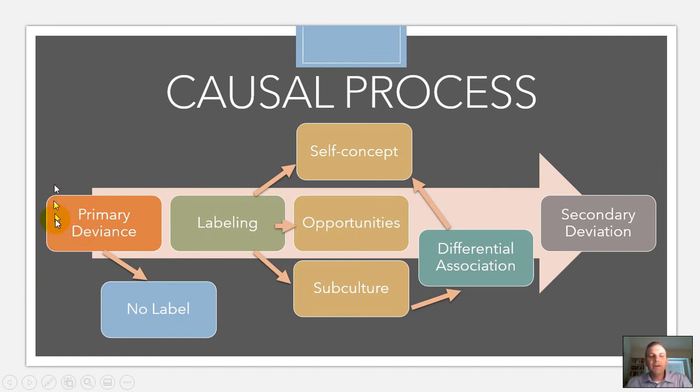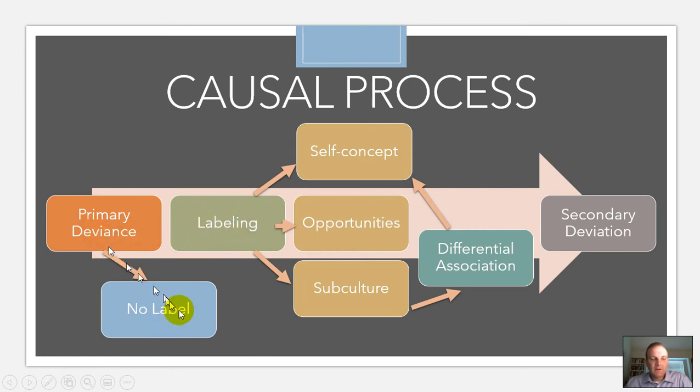So you have primary deviance. These are the acts that might occur without the individual recognizing that they're even deviant or delinquent in the first place, or being influenced by the label. No label is attached if it isn't recognized, and perhaps a lot of people fall into this avenue, because few people haven't committed a delinquent or deviant act in this world that, if they were caught or observed by the wrong individuals and it was made a big issue, would have gotten them assigned a label.